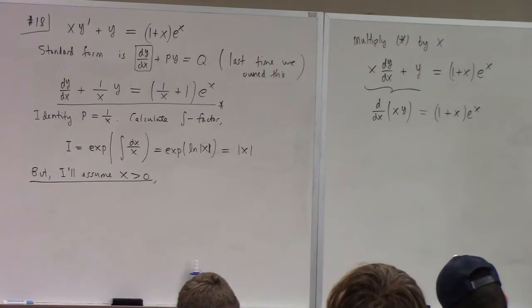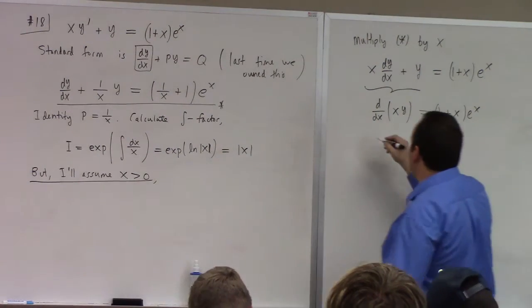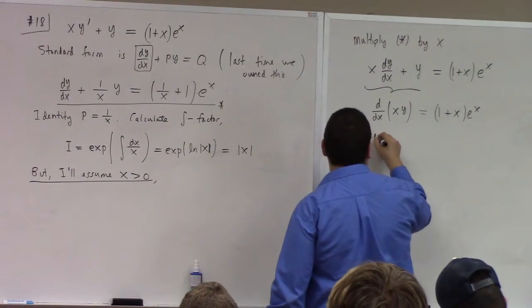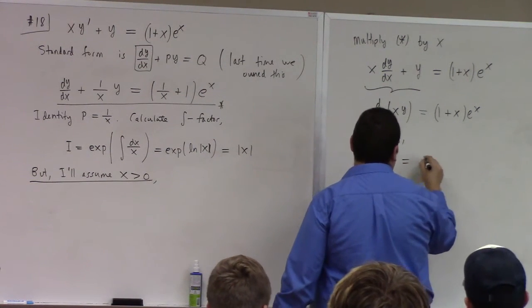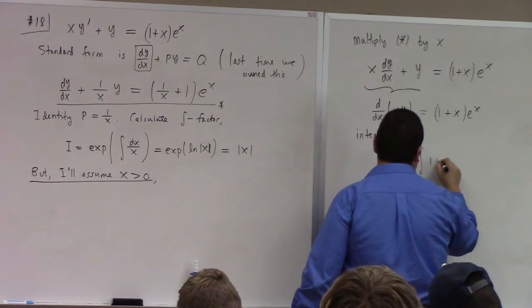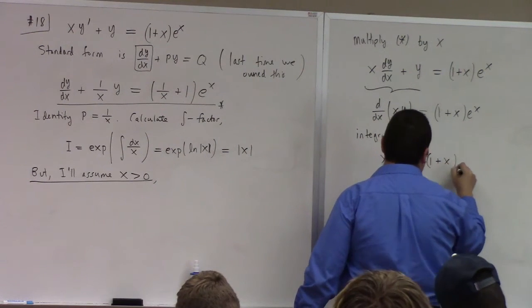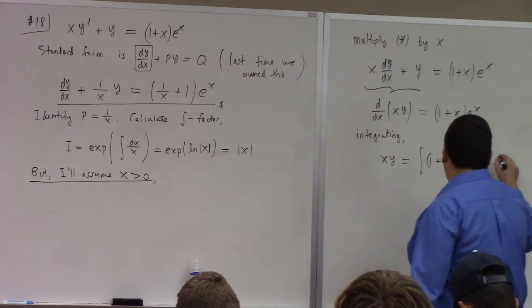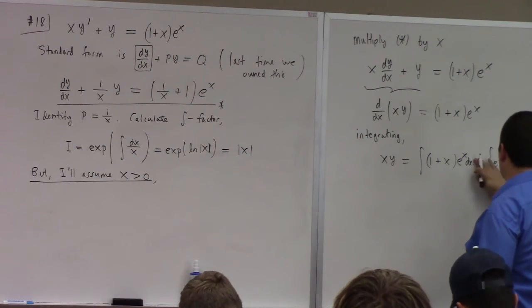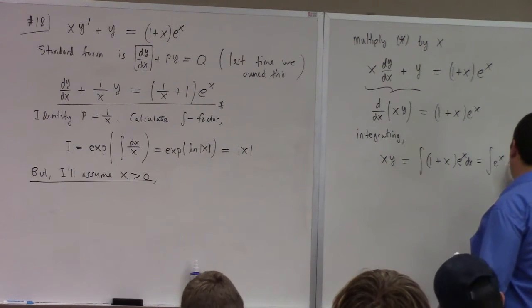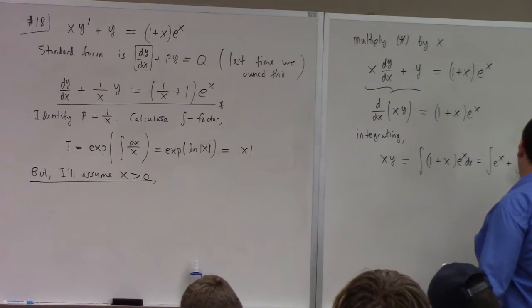Now you integrate both sides, what do you get? We get xy is equal to the integral of 1 plus x times e to the x, which of course is the integral of e to the x dx plus the integral of x e to the x.